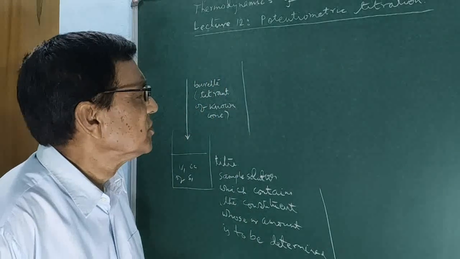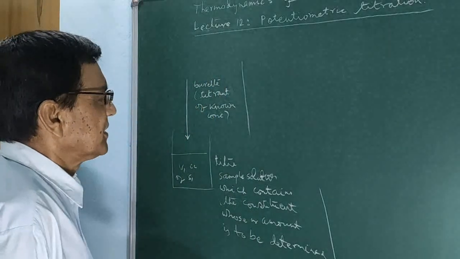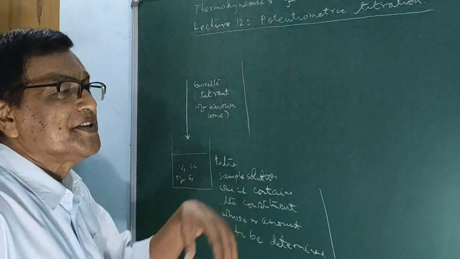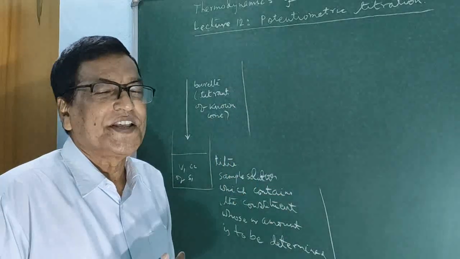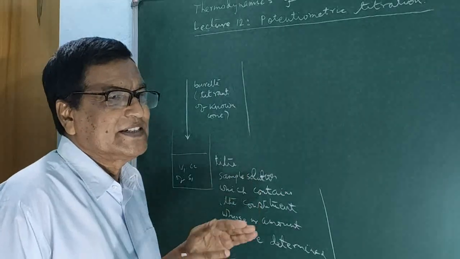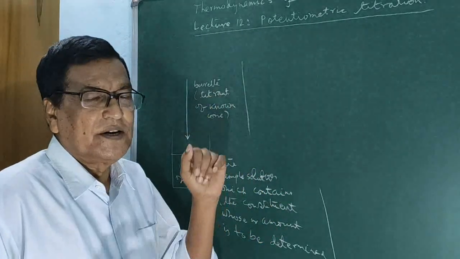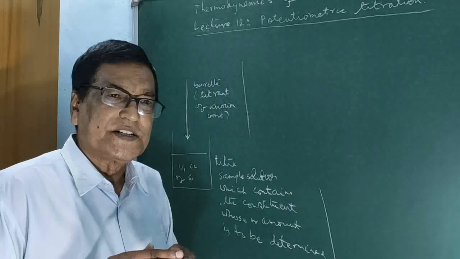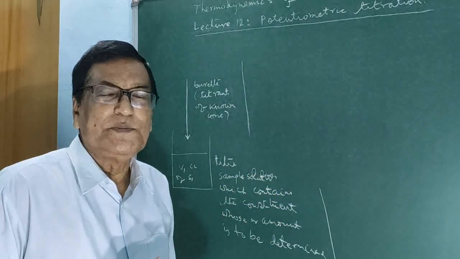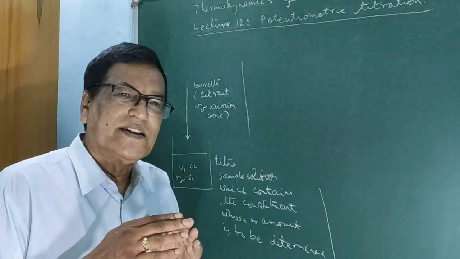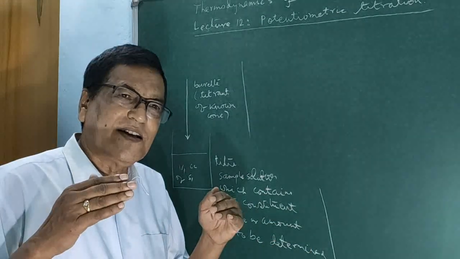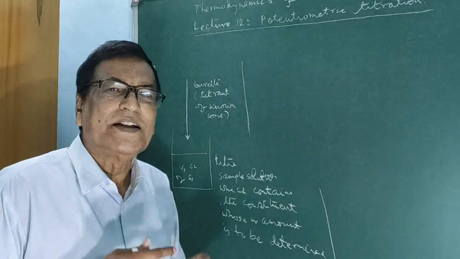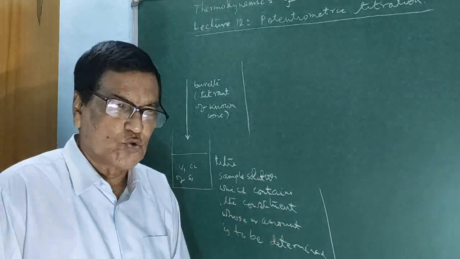So potentiometric titration becomes of various types depending on the reactions: one potentiometric titration depending on acid base reactions, another on precipitation reactions, redox reactions, complex reactions, and so on.